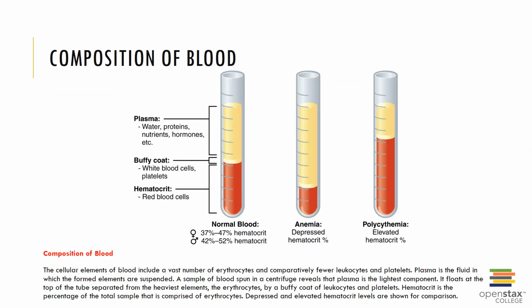Here we can see the composition of blood. Water is the primary component of blood plasma. Plasma proteins are in solution, and they form insoluble fibers like those in other connective tissues, like elastin and collagen fibers.